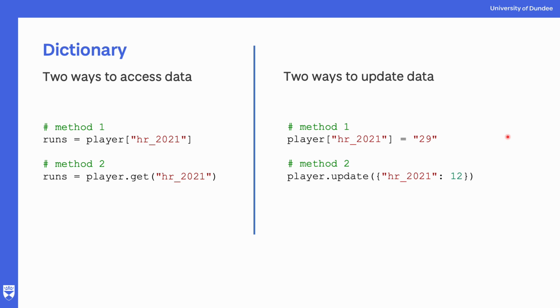What if I want to put data into my dictionary? What if I want to update the data? So it's during the 2021 season, my player has got additional home runs. I want to update information I hold. So this is my variable essentially. This is my player key.